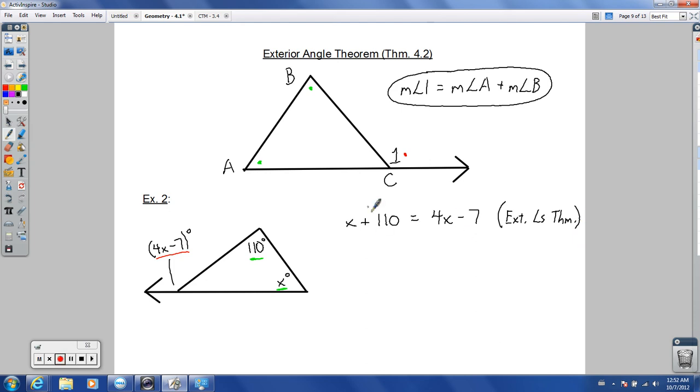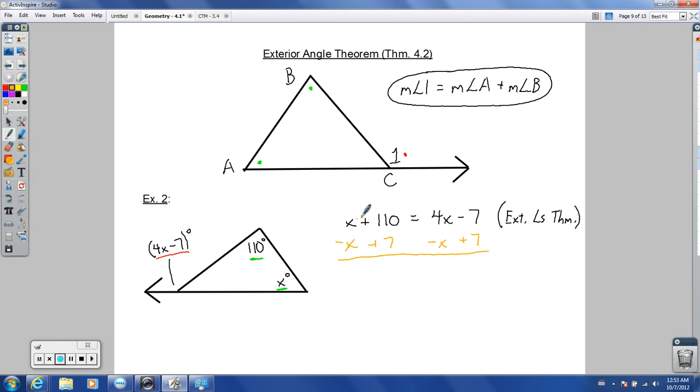And then from there, it's hopefully a simple algebra problem for you. We would subtract x from both sides. If you wanted to do this all in one step, you could. You move the x's all over to the right side, and then add 7. If you want to do it in two steps, you can do that too.